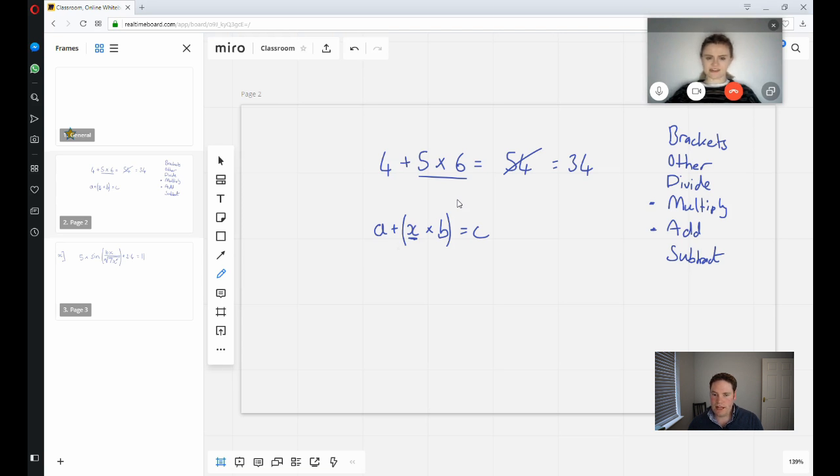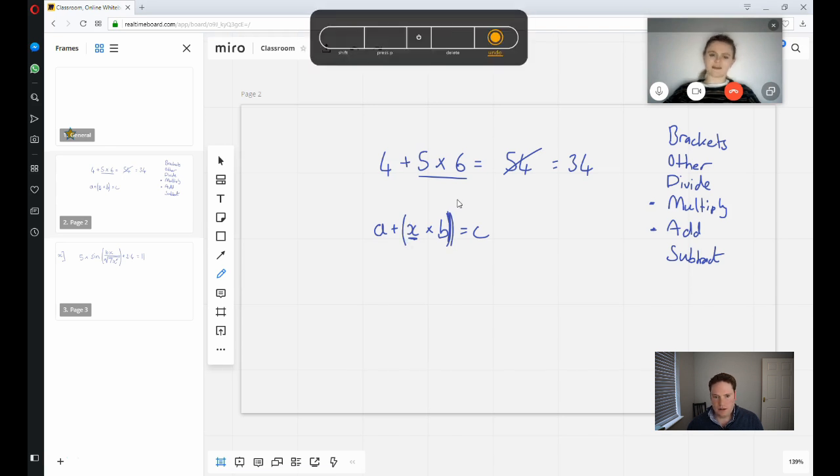Yeah. And now we get rid of them in order of what's furthest away from x. BODMAS can help us work that out. In this case, we have to get rid of a first, because it's further away from x, because BODMAS basically puts these brackets here.